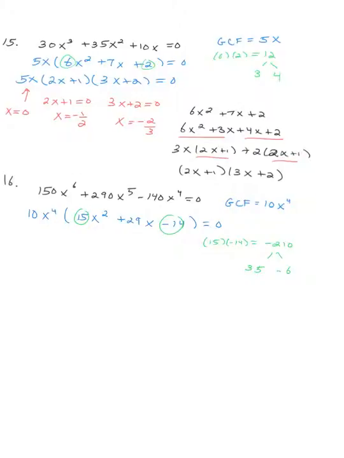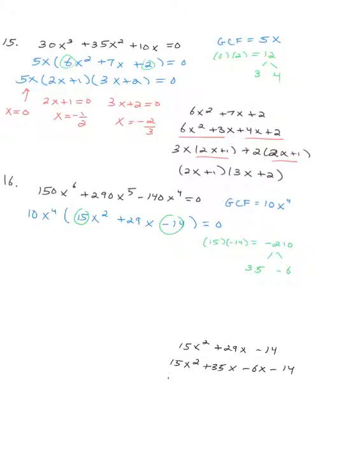Well, let's see why. If I just focus on the 15x squared plus 29x minus 14 part, I'm going to write 29x as plus 35x minus 6x minus 14.